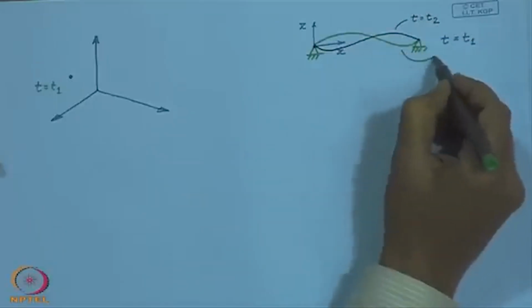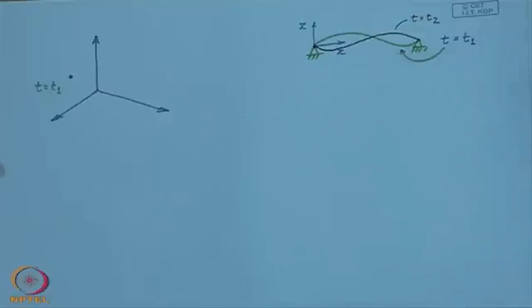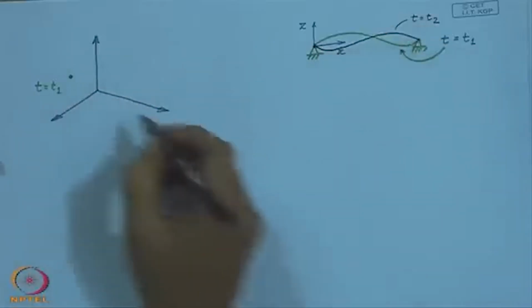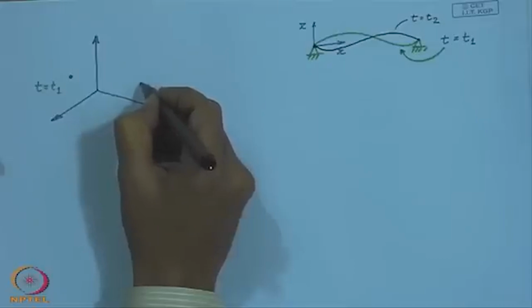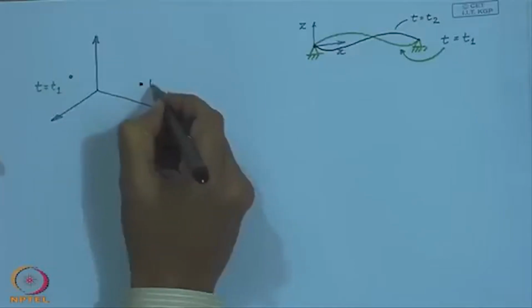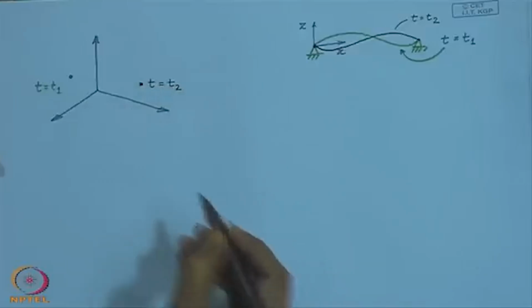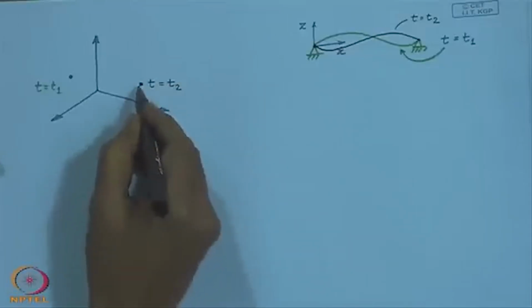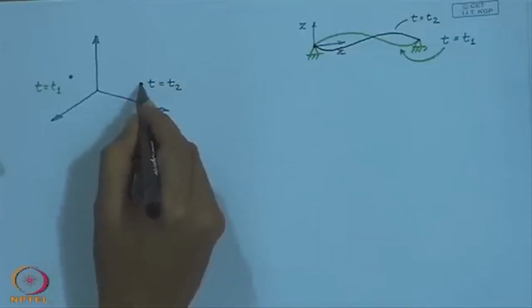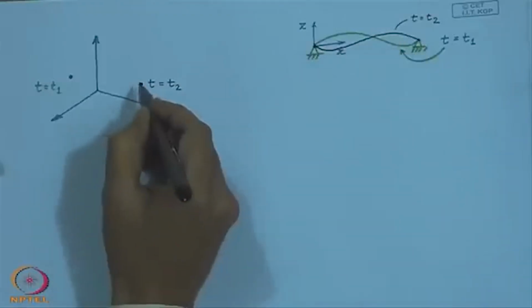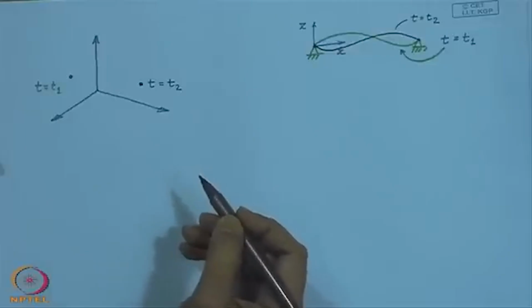So, this was the configuration at time t equal to t1, and the black configuration is the configuration of the string at time t equal to t2. So, at time t equal to t2 I have opened my eyes and I observe the configuration of the string to be this, which is another point in the configuration space of the string.